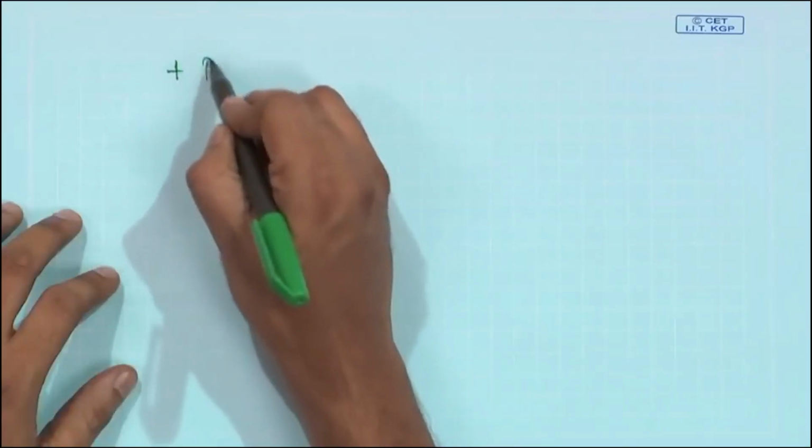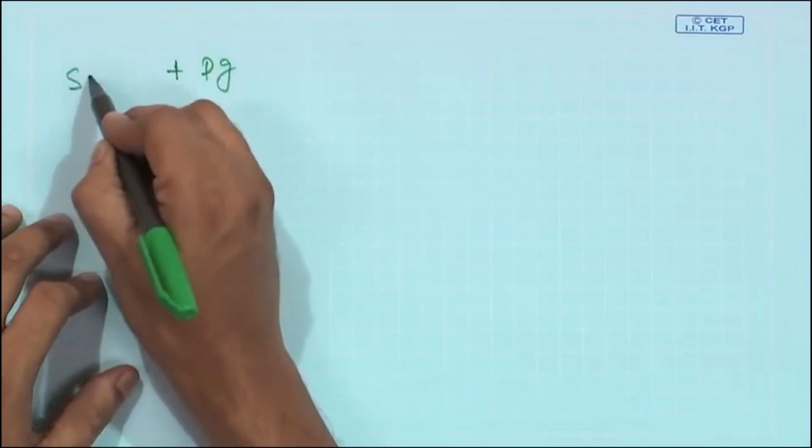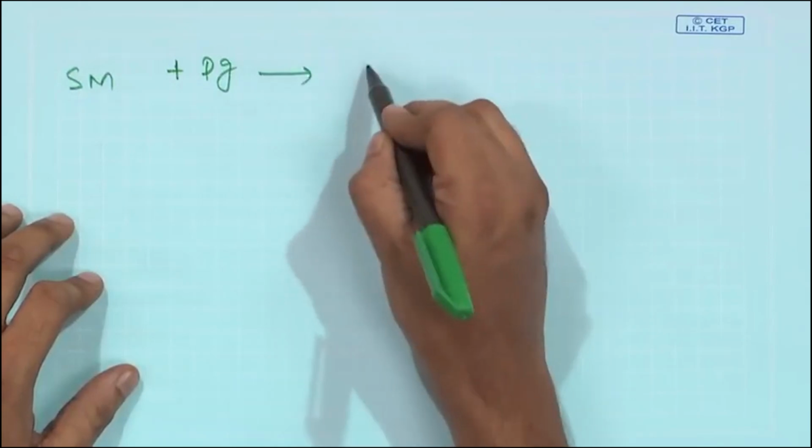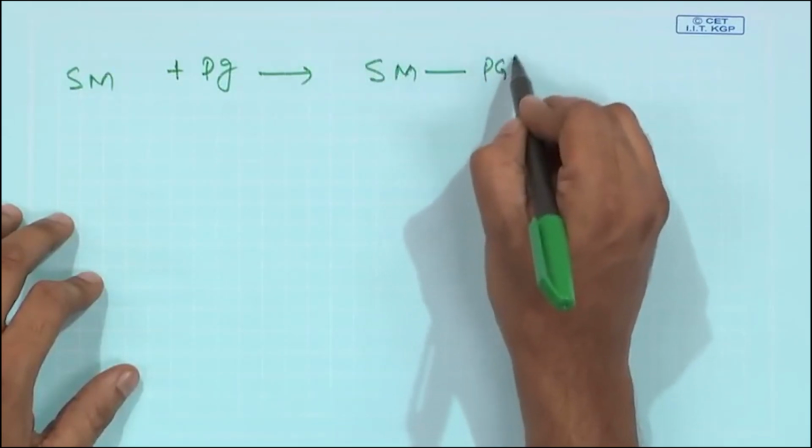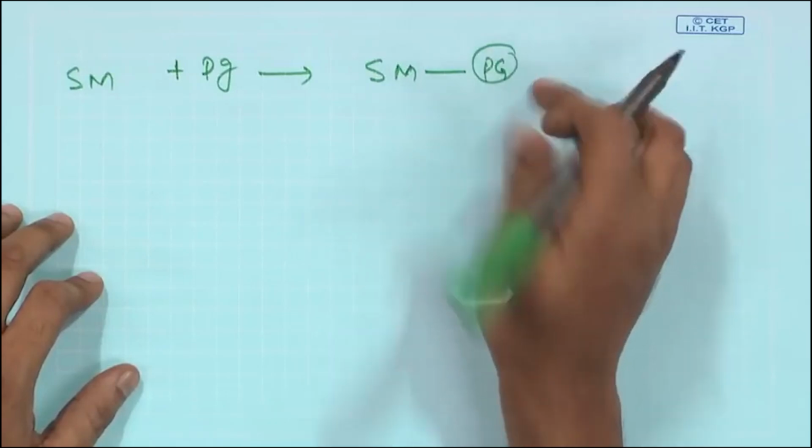Now, the point is protecting groups are always not recommended, because if you use a protecting group, your synthesis will not be step economic, because you are adding 2 extra steps. First you have to add your protecting group to the starting material to get a starting material with a protecting group as a covalent attachment.